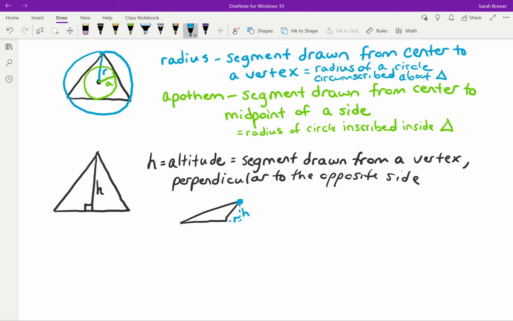When I say opposite side, every triangle has 3 sides, and these two I would call adjacent to that vertex, and I would call this one opposite.